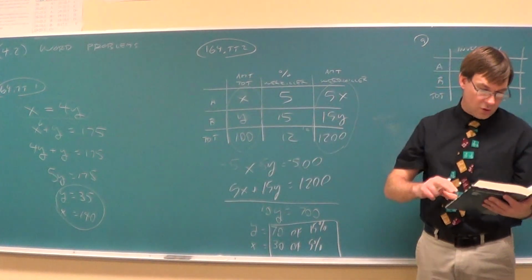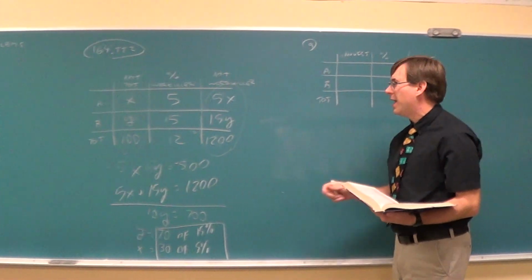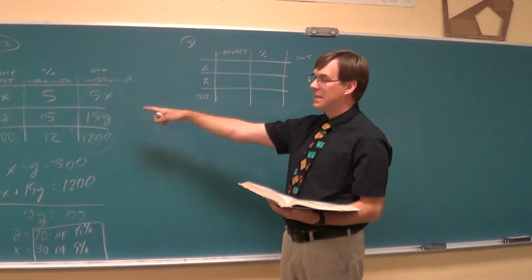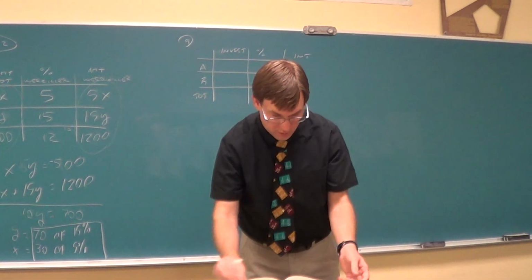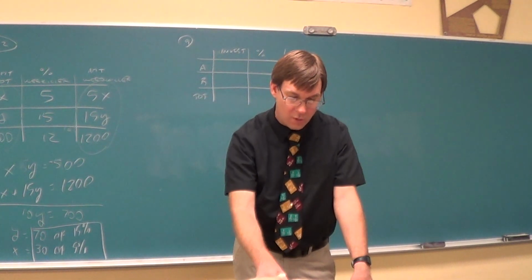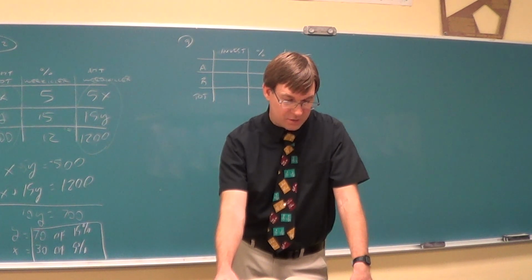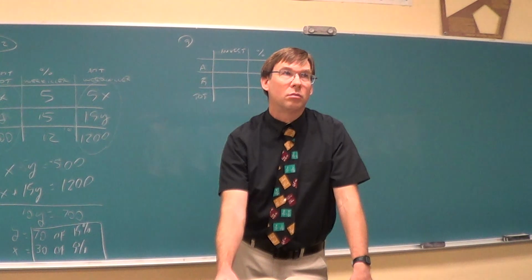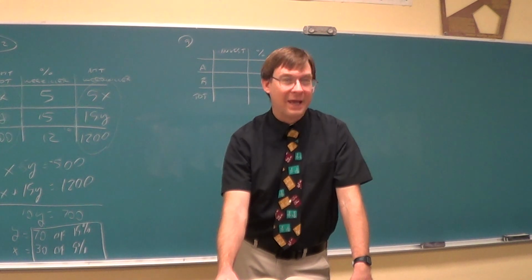Okay, then there's not an example like the 9, 10, 11, 12, although the 9, 10, 11, 12 is almost like this, so I'm just going to get you started on 9. So if you want to just flip another page or two, we're up to 9. They're doing investment problems. It's the same investment problems we did in chapter 2, but I don't think anyone liked it.